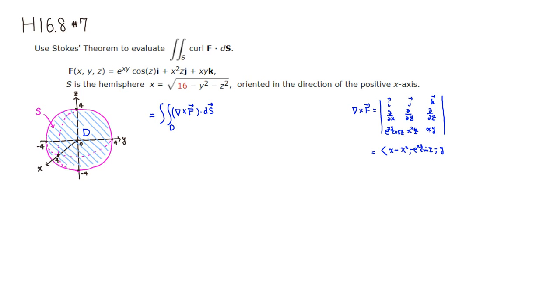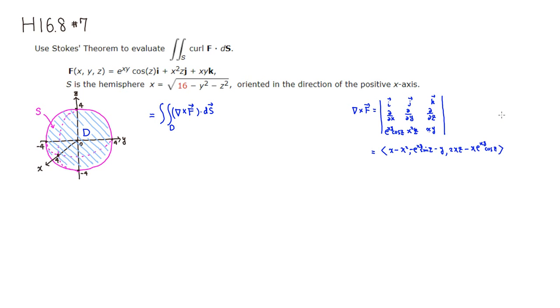Here's a comma, and the last component is partial of x squared z with respect to x, which is 2xz, minus partial of this guy with respect to y, so you have x e to the xy cosine of z.